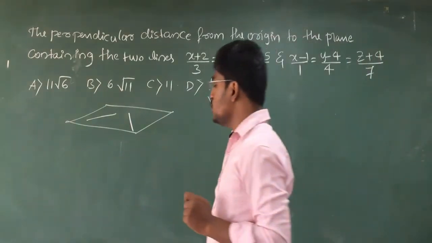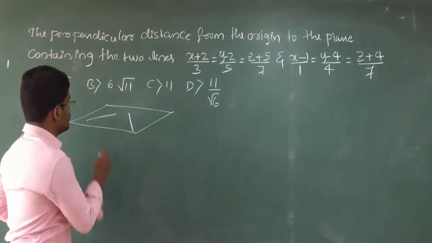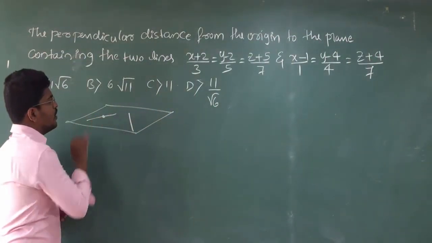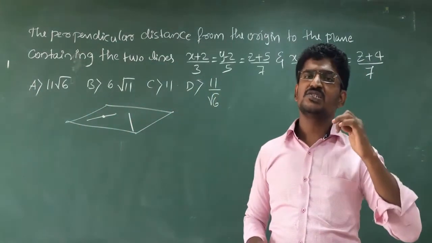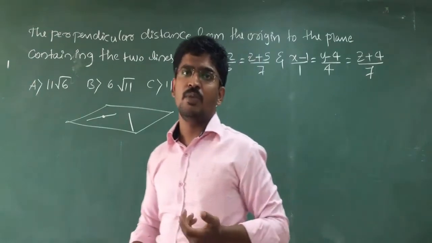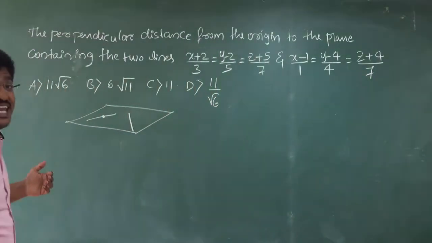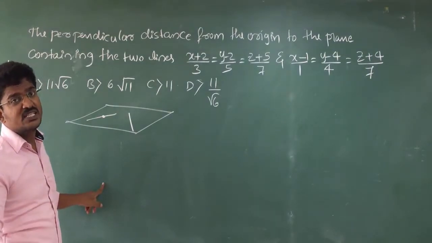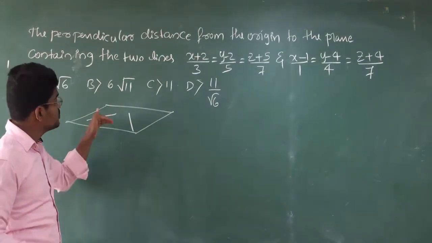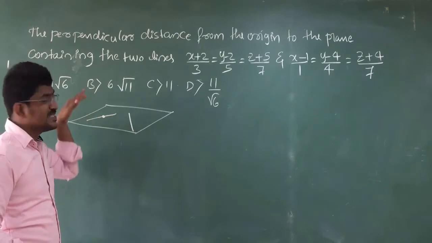So what I will do, I will choose one point on the line. If it is on the line, and the line is on the plane, no problem. So if I calculate the distance of this point from the origin, that will be the distance of the plane from the origin, because this point is on the plane. This point is on the line, the line is on the plane.